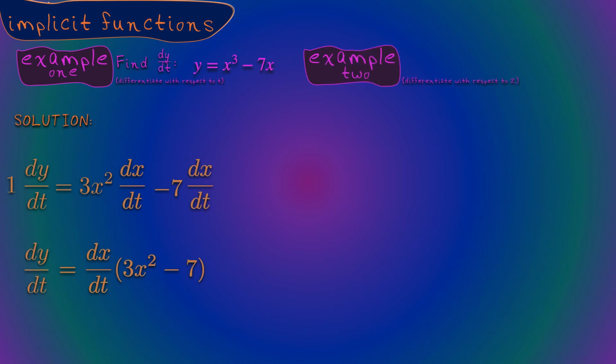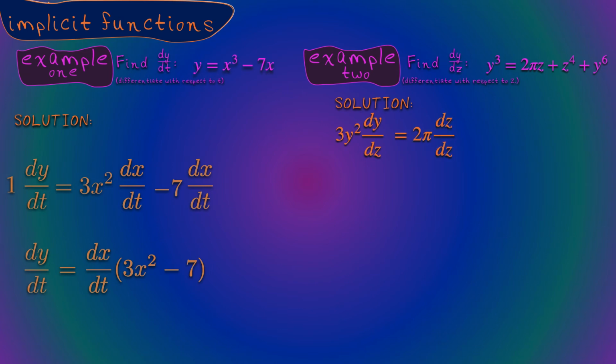All right, differentiate with respect to z. So we'll start on the left-hand side. y cubed is going to become 3y squared. We differentiated y with respect to z. 2 pi z becomes just 2 pi, and that's dz/dz. z to the 4 is 4z cubed dz/dz. And then y to the 6 becomes 6y to the 5.